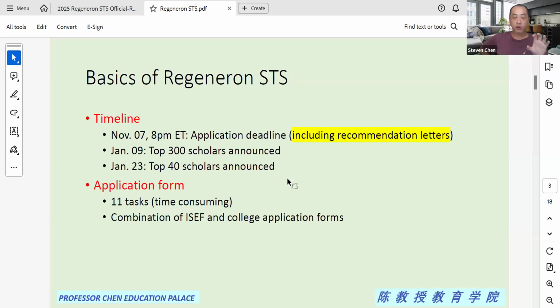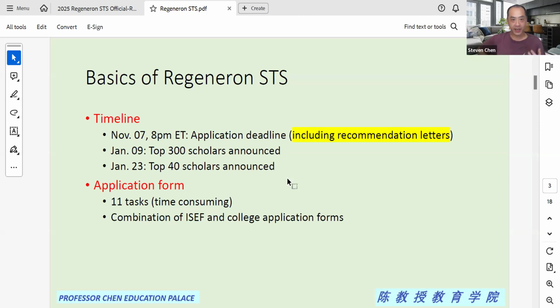It requires that all those recommendation letters must be submitted before this deadline, which means that if you submit your application on time, but your recommenders have delays, then unfortunately, your application is incomplete and they cannot accept additional letters sent after the deadline. So this is a hard deadline for both the applicants and recommenders.